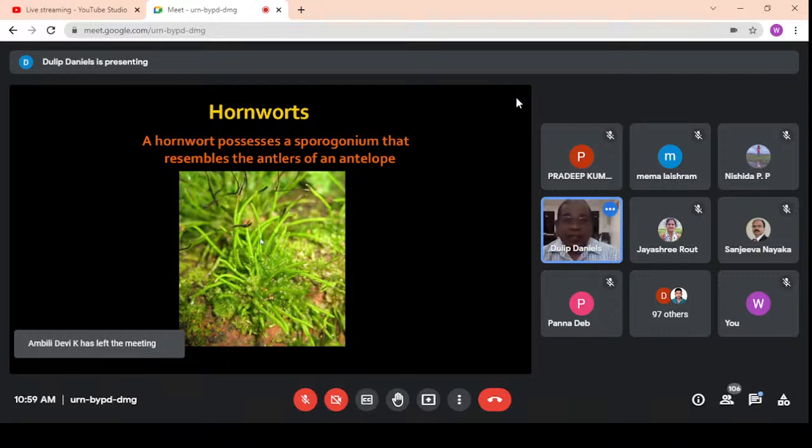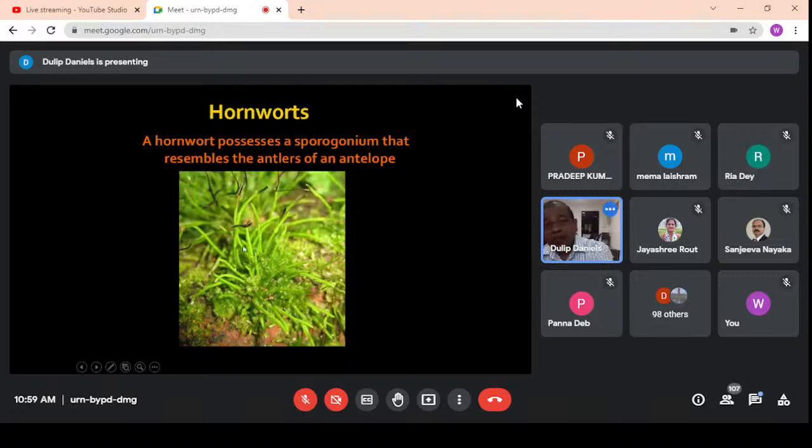Here the growth is not determinate but indeterminate. So in the bryophytes, some feel that the sporophyte of hornworts is the most highly evolved one because of the indeterminate growth of the sporophyte.